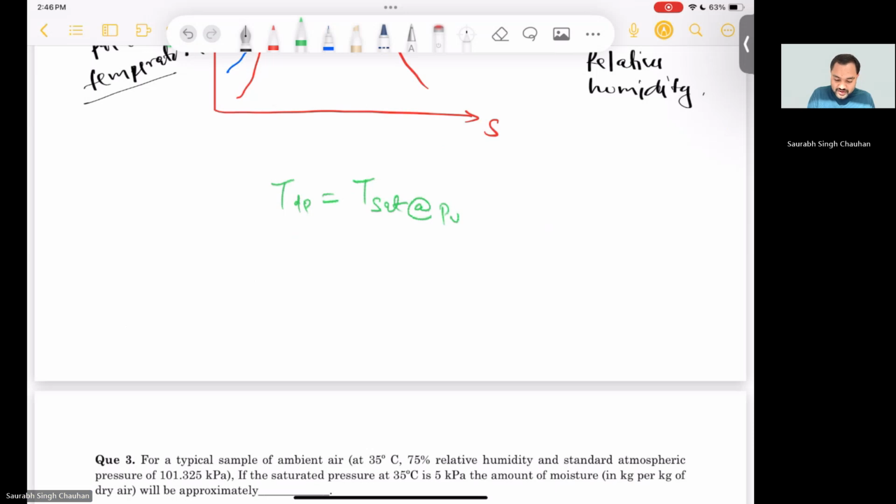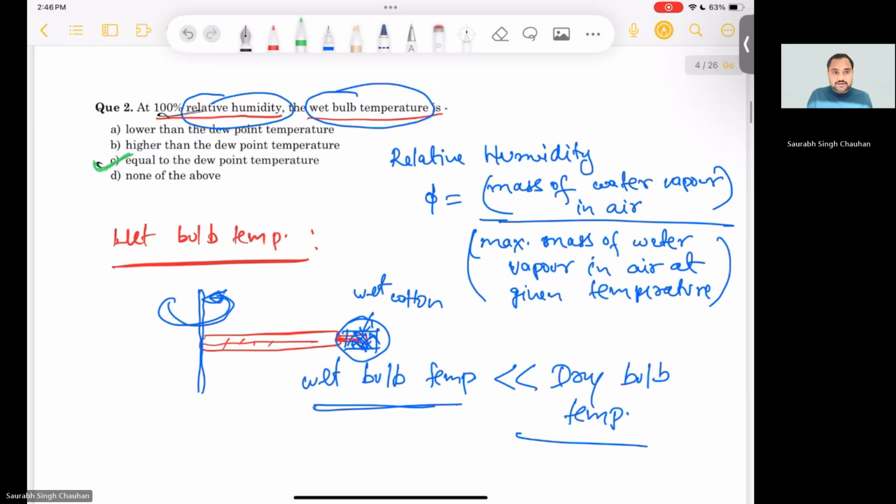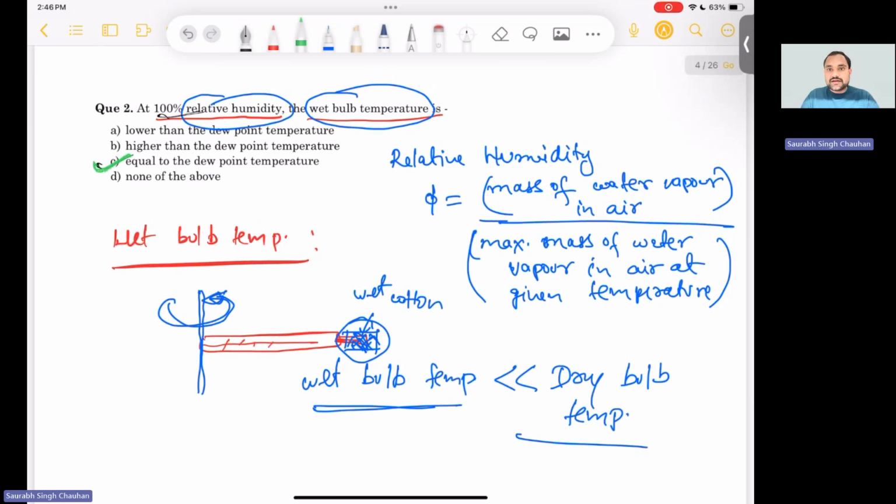So the pressure is basically the partial pressure of water vapor. At a given partial pressure of water vapor, whatever the saturation temperature is, that will be equal to your dew point temperature. I hope this is clear and we can move ahead.